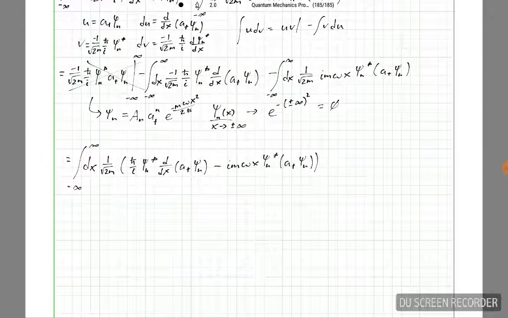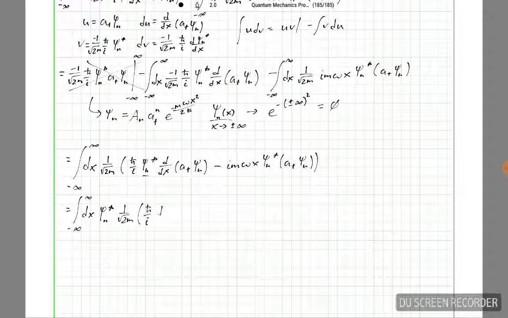Okay, now we can go ahead and pull out that psi n because we don't have any derivative acting on it. That complex conjugate psi n, I have 1 over square root 2m, and then I get h bar over i d dx.